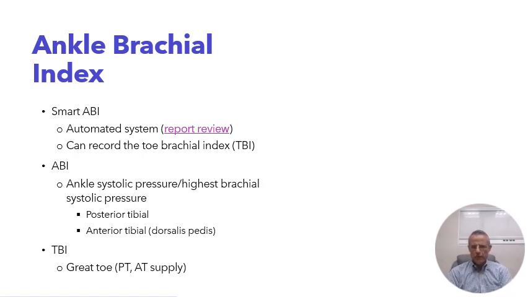This is a good tool for assessing blood flow in the lower extremity. It is a numeric value that represents blood flow to the leg compared to blood flow to the patient's arm. This ratio, or pressure index, is determined by taking the ankle systolic and dividing that by the brachial systolic pressure.